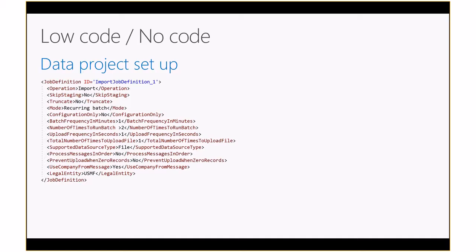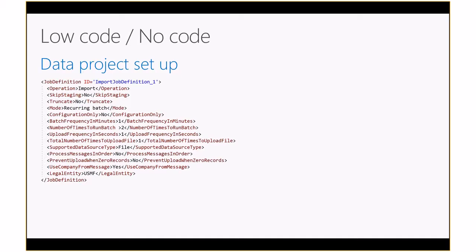Then you have the flexibility to define the batch aspect if it is a recurring type of operation. You can define all the batch-related parameters: the frequency, the number of times, and the frequency to send messages to the endpoint. This is where reliability testing comes into play, where somebody can configure this to say, send 10 files every second, or send one file every 30 seconds, whatever that frequency is.